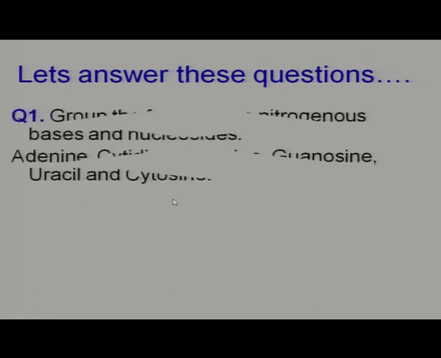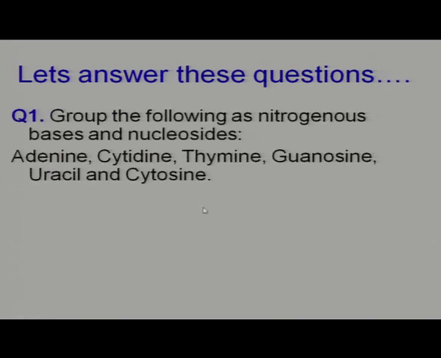Now, let us answer these questions. Group the following as nitrogenous bases and nucleosides: adenine, cytidine, thymine, guanosine, uracil and cytosine. You have to group them.